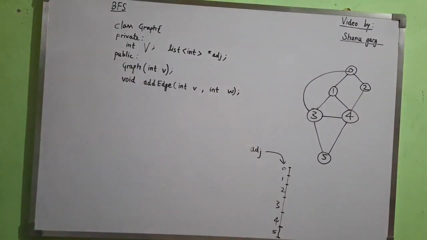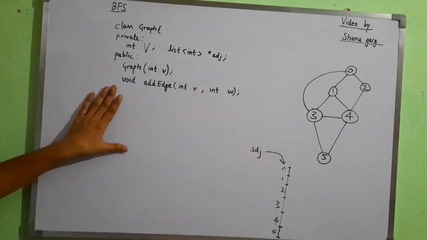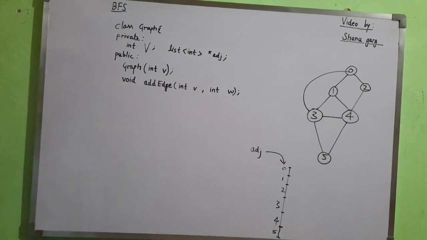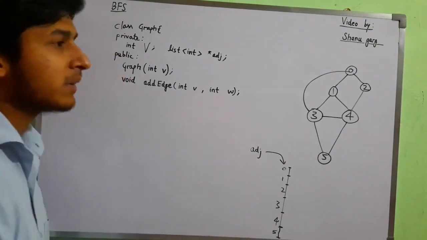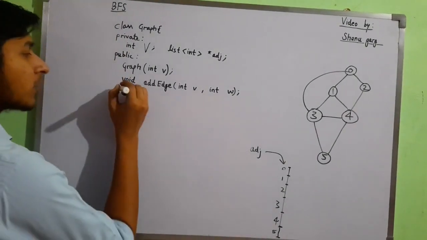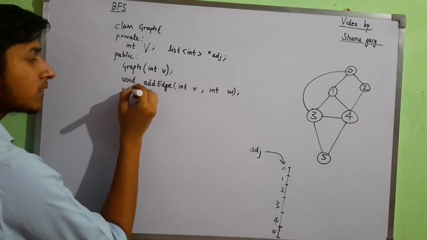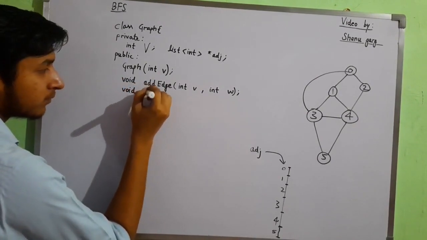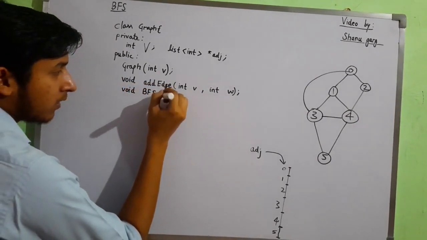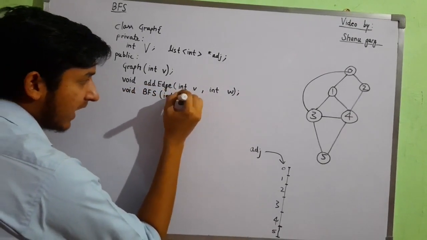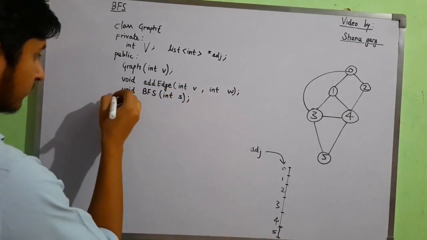Now after this, the third function will be the last function, and that will be for breadth first search with a parameter s.